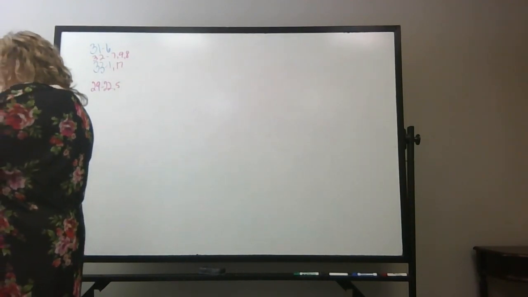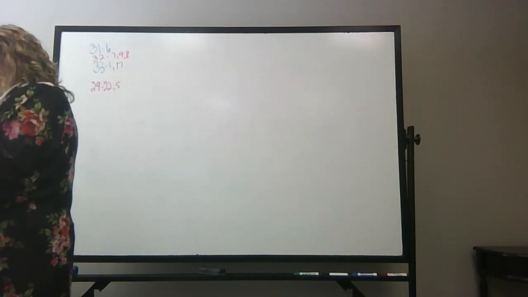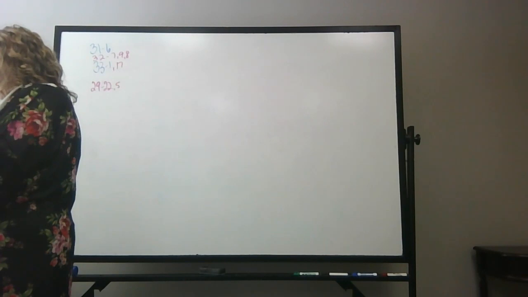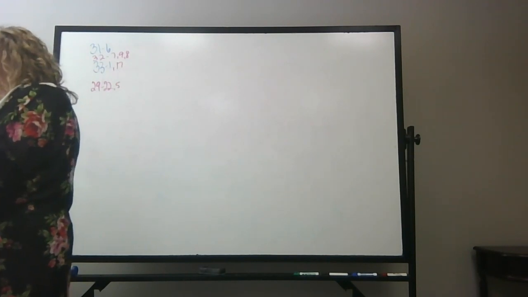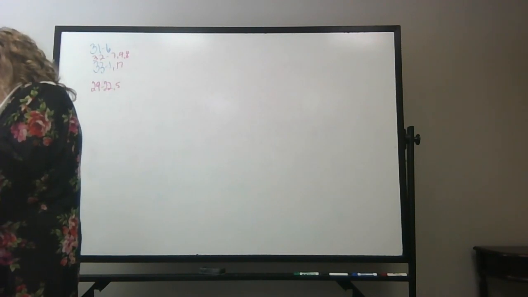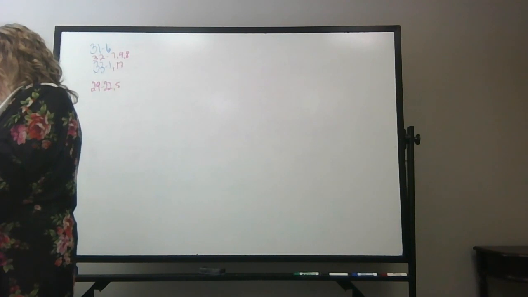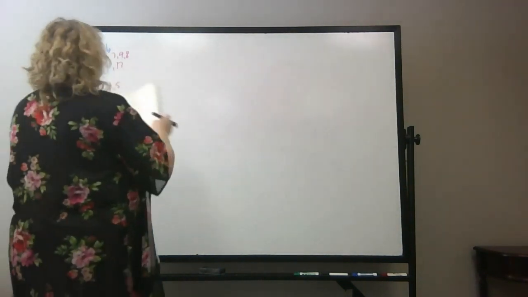Number 17, we have radicals, and we're adding them and subtracting them, right? Okay. All right. 3 root 18, 2 root 50, and root 98.